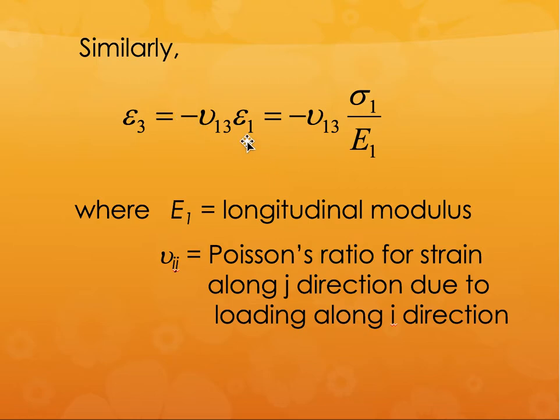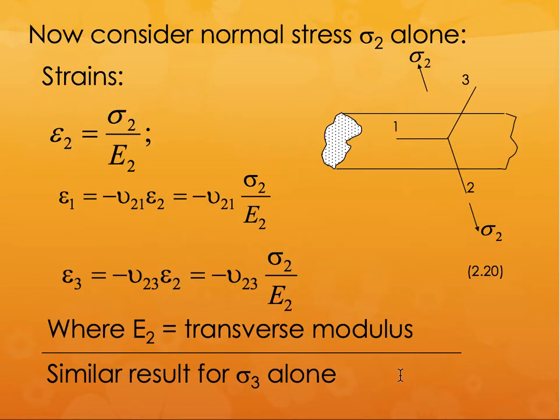Similarly, you can do epsilon 3 equal to negative Poisson's ratio nu 13 times epsilon 1, and similarly for the others. So the total compliance matrix and the stiffness matrix will simplify even further.